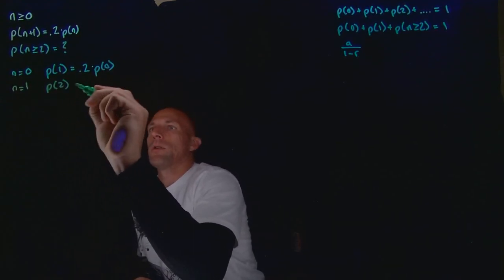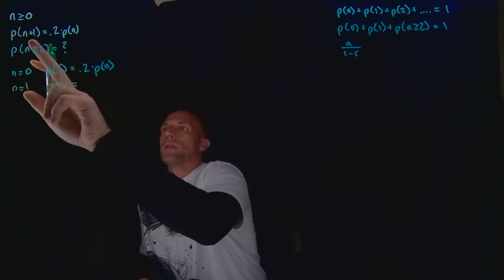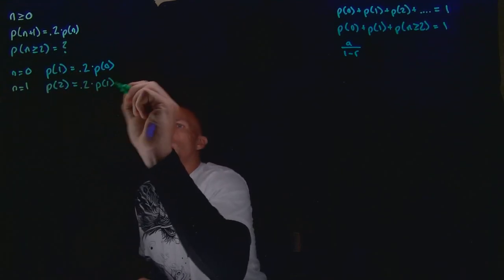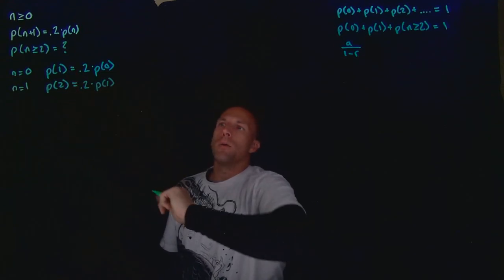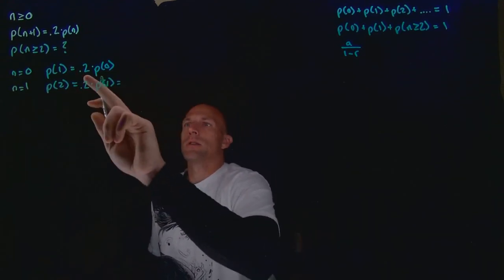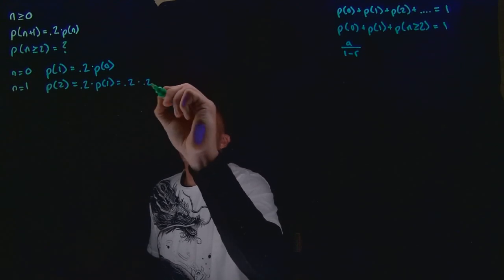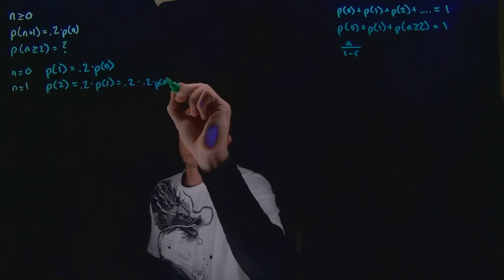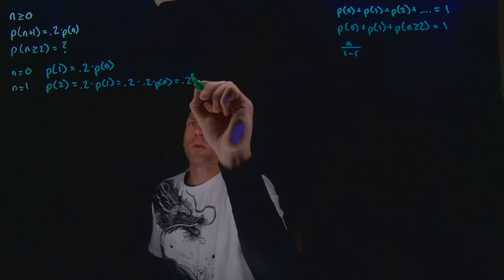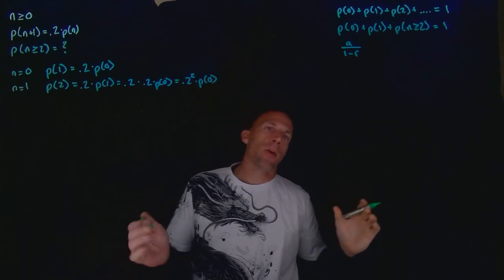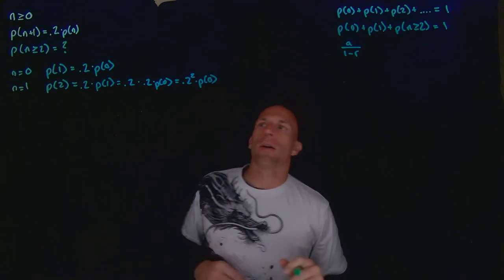The probability of 2, 1 plus 1, is 0.2 times the probability of 1, but we just got a value for the probability of 1. So let's take this value and substitute it in. 0.2 times 0.2 times the probability of 0, and of course that's the same as 0.2 squared times the probability of 0. So this is good because we're writing everything in terms of a single variable.